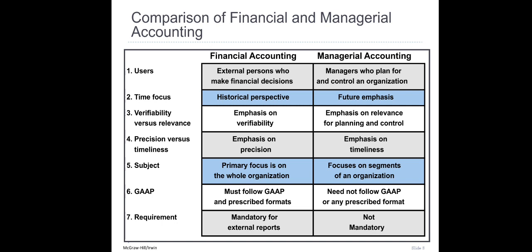Every company has to use the same format. The reason is, when every company uses the same format, then you can compare the income statement of company A, company B, company C and other companies. You can compare because they are using the same format. That's why they have to follow the accounting standard.